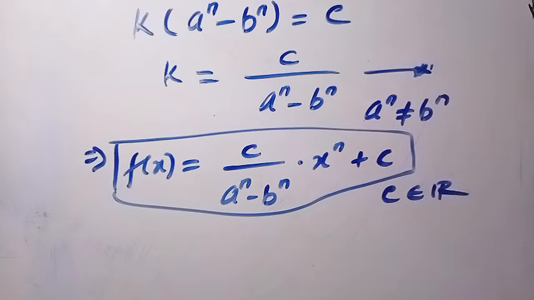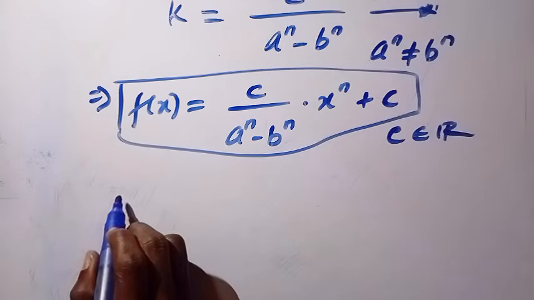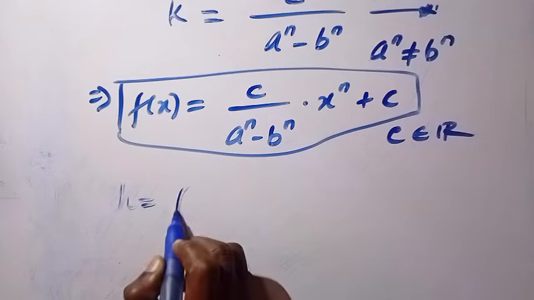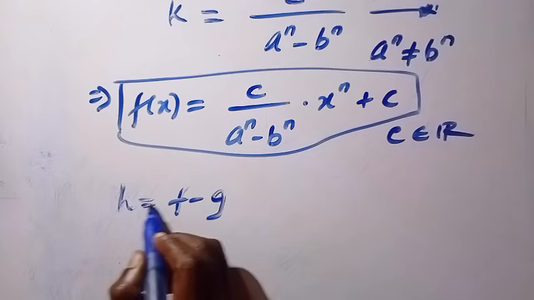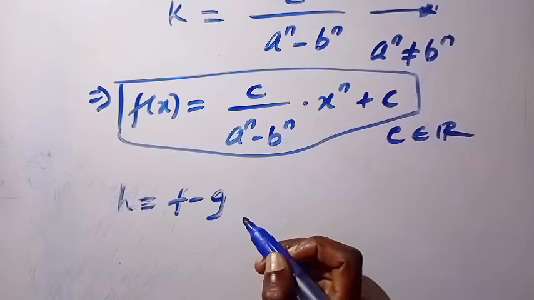And how can we verify this? So this is very simple. But before that, let's try to test for the uniqueness of this. Suppose I let h equals f minus g. Then this is for any two different solutions.